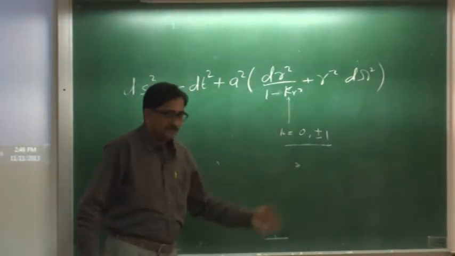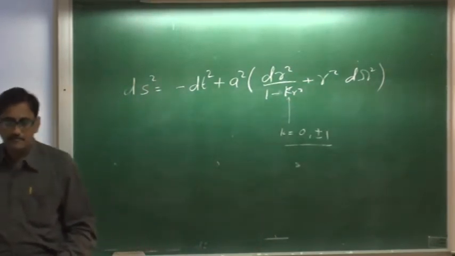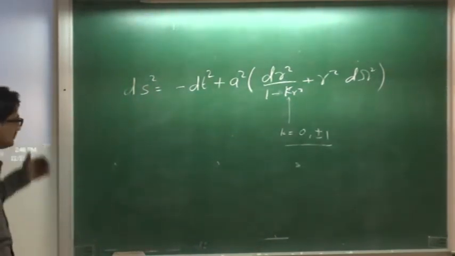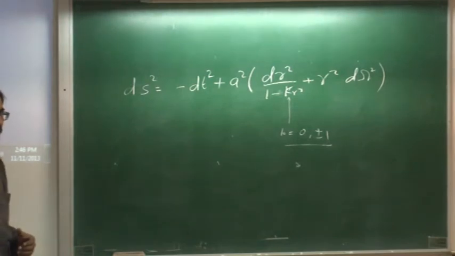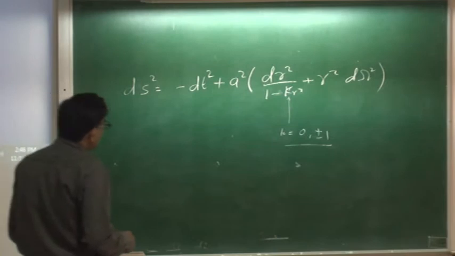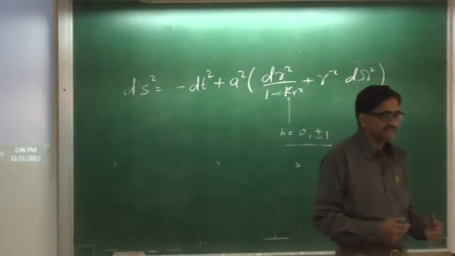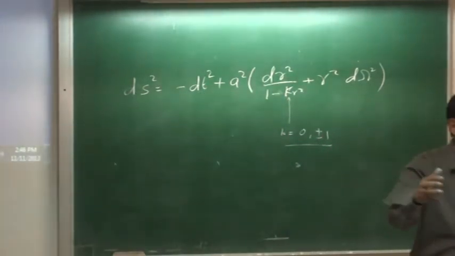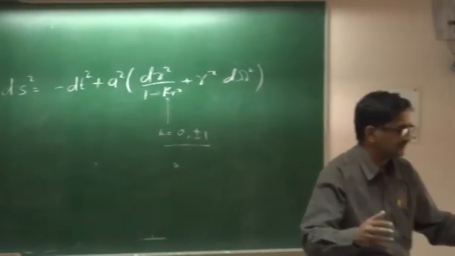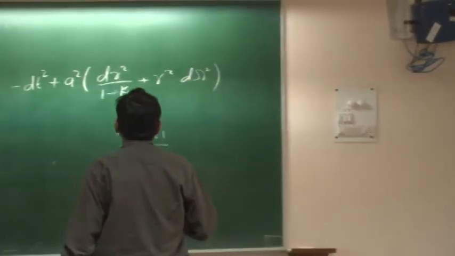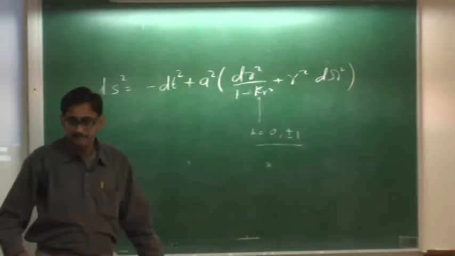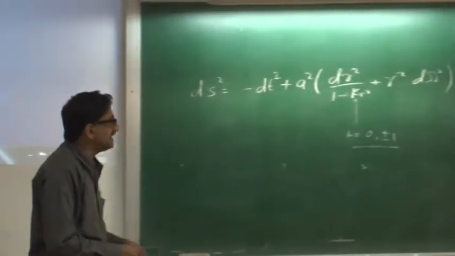Just to give you an example, suppose instead of the 1 plus 3 dimensional universe, you are talking about a 1 plus 2 dimensional universe. Then k equal to plus 1 will be something like a sphere expanding or contracting in 3 dimensions. And this quantity a, which is a function of time, will play the role of the radius of that sphere.